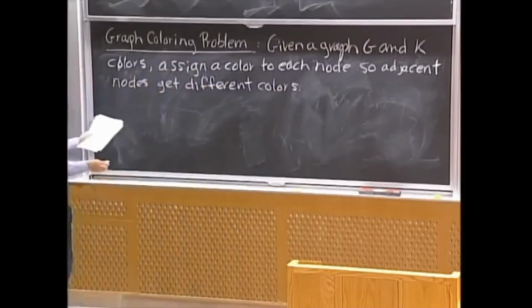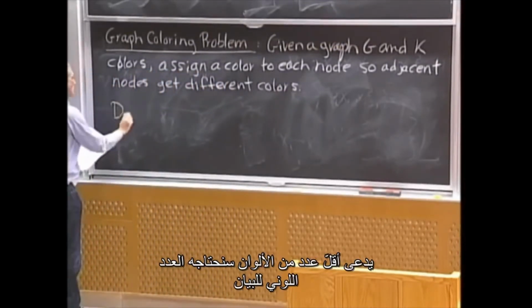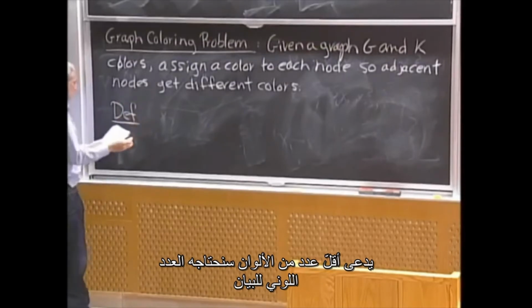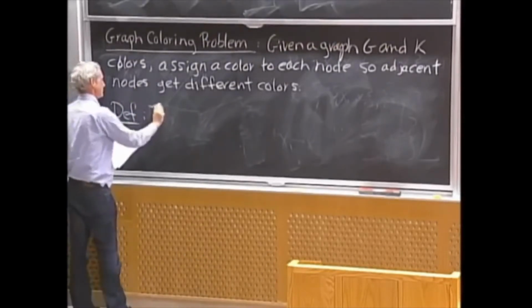All right, and then the minimum number of colors you need is called the chromatic number of the graph.